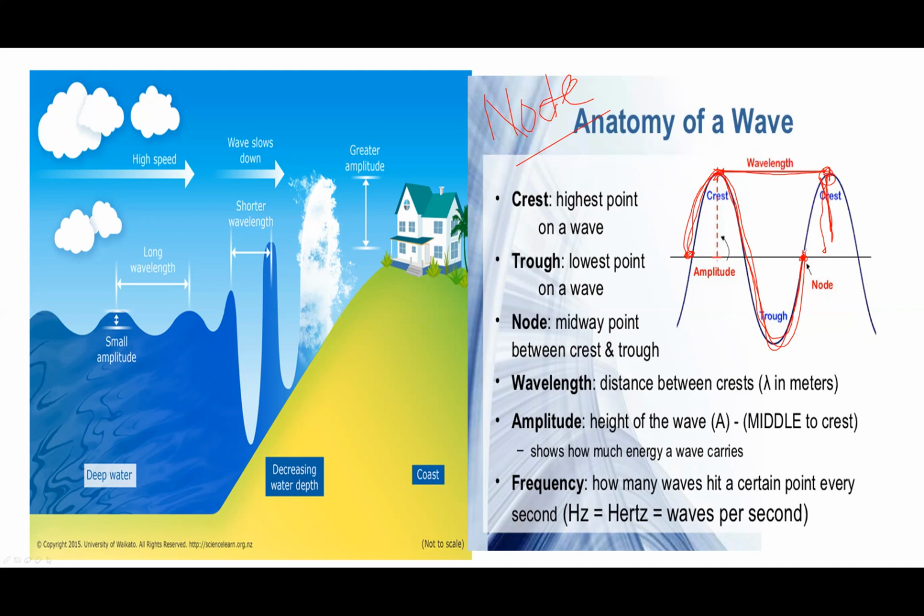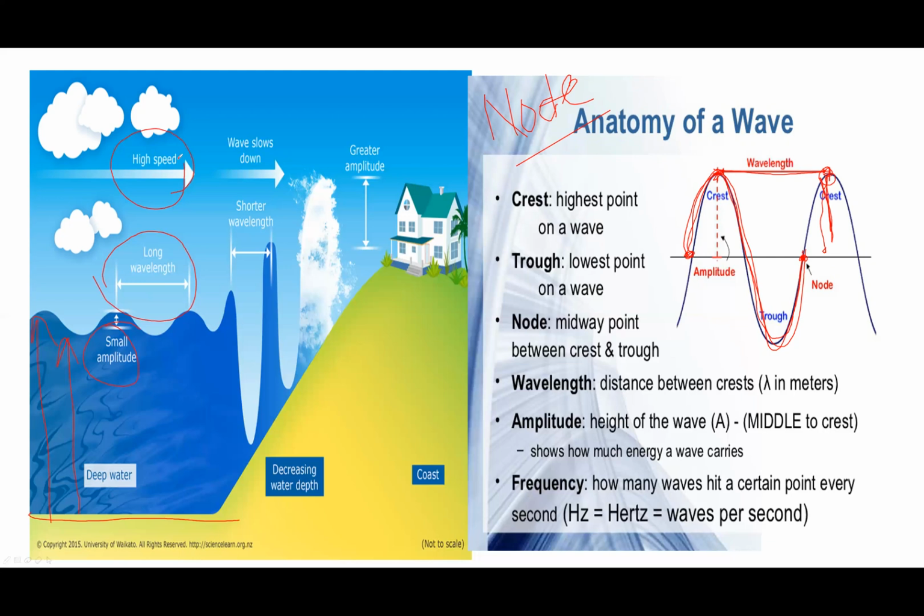Now, if you look at this diagram, this is the depth of the ocean. Where the depth is more, the amplitude of the wave will be smaller, the wavelength will be larger, and the speed will be high.